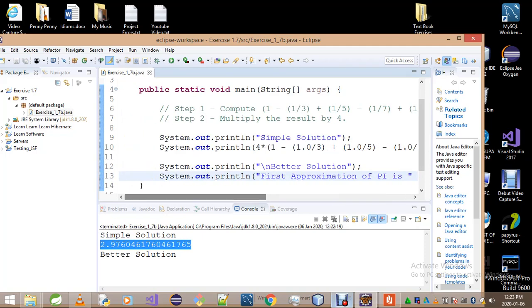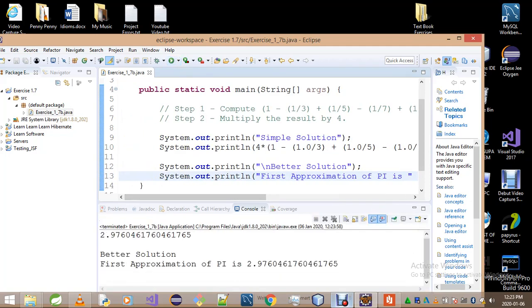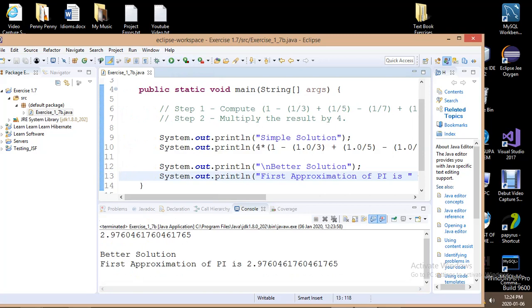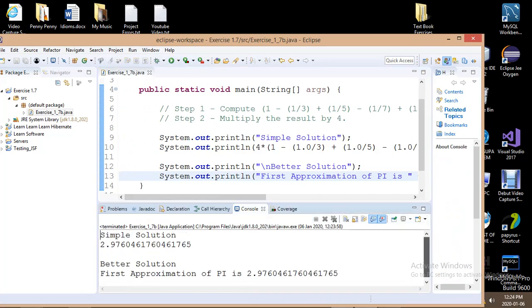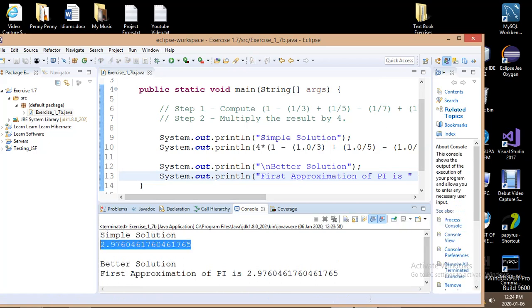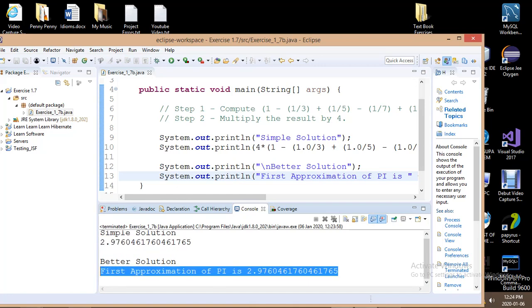Now let's try to print it out. You see, this is more descriptive, unlike the very first one, because who knows what this number represents? So it's better to make it descriptive the way we did on the better solution. So first approximation of pi is that.